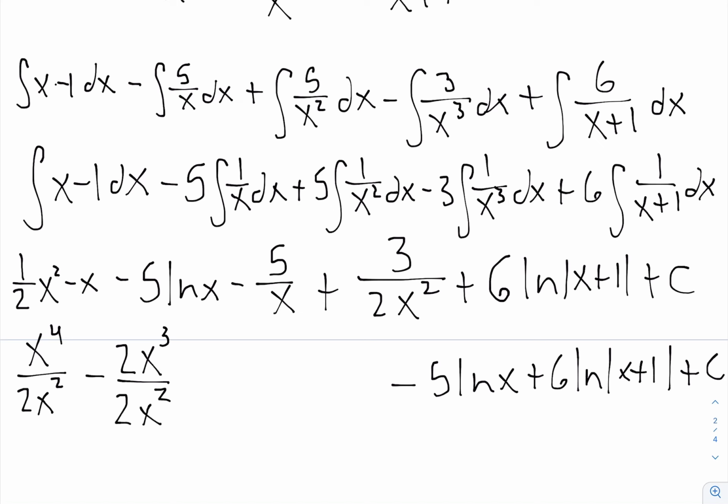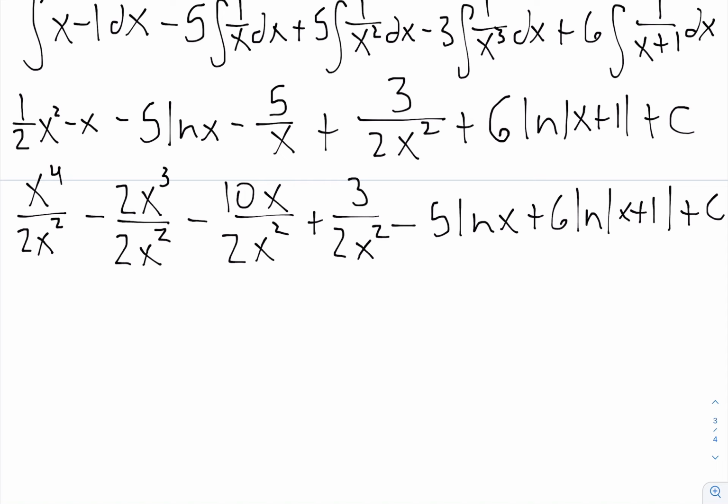Okay, that's what we got. And then this negative 5 over x, there's already an x in the bottom. We have to multiply it by 2x to make it 2x squared. So it's going to be minus 5 times 2x, which is just minus 10x over 2x squared. And then we have plus, well, the 3 over 2x squared already has a common denominator there. That's what we were basing it off of.